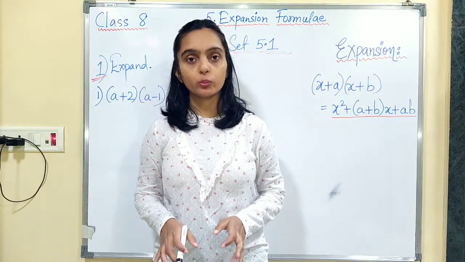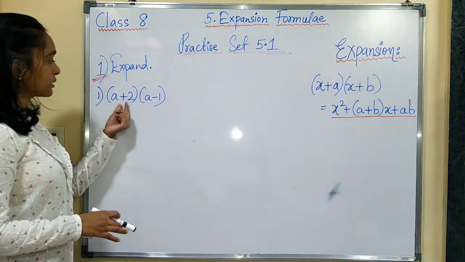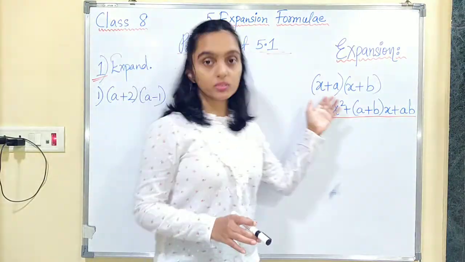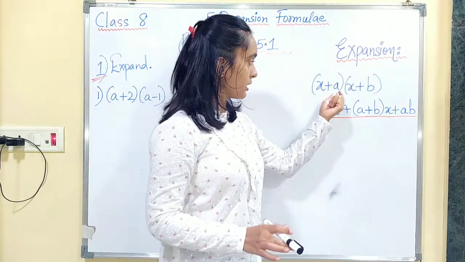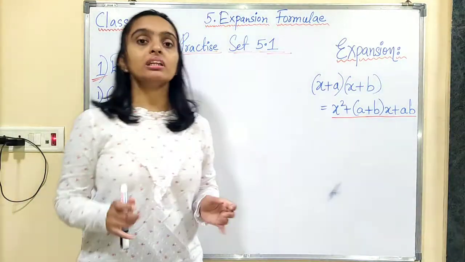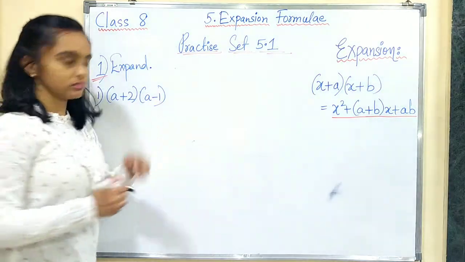Practice set 5.1, the first question is expand, and the question is a plus 2 and a minus 1. So we have to use this expansion here, but here we have x plus a, x plus b. There is no negative sign. So we will take the value of b as minus 1.